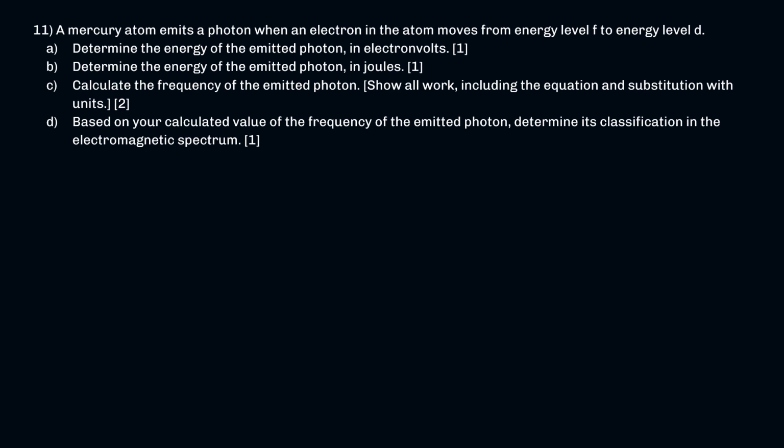So we have here that a mercury atom emits a photon when an electron in the atom moves from energy level F to energy level D. So part A, we're determining the energy of the emitted photon in electron volts. What is the equation that has to do with energy levels and emitted photons, or the energy of that photon?